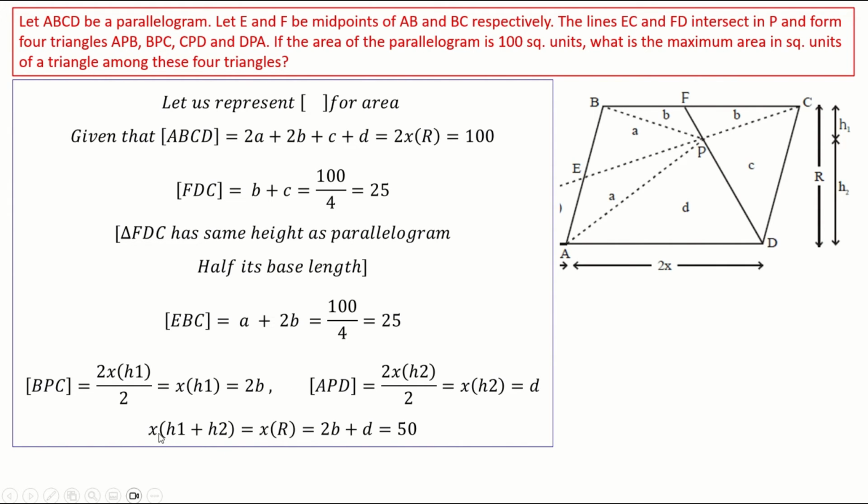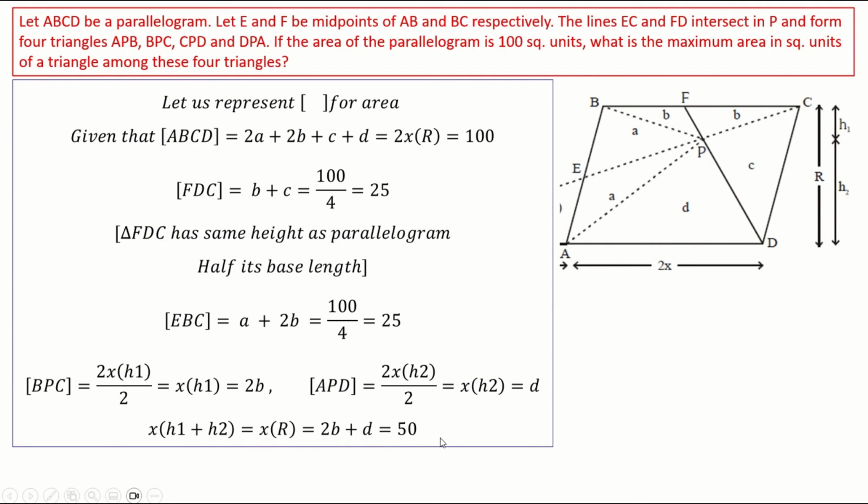X into h1 plus h2 equal to 2b plus d, which is x into r basically. Correct. H1 plus h2 is r, x into r. Okay, which is half of the parallelogram area. Parallelogram area is 2x into r. This is xr, 50. So 2b plus d is 50.